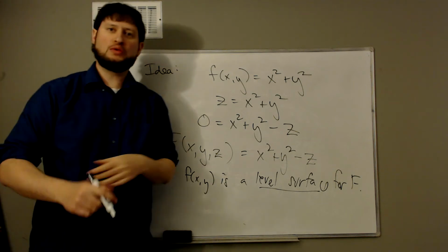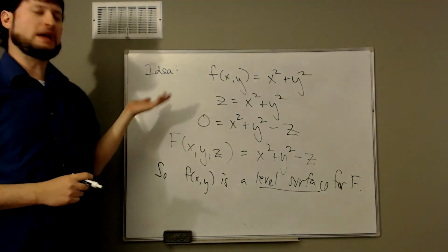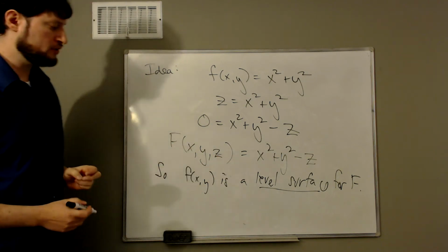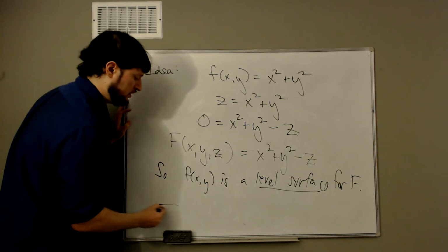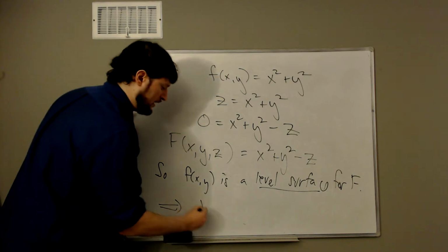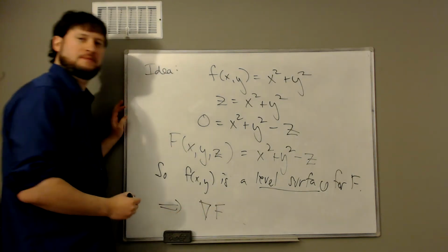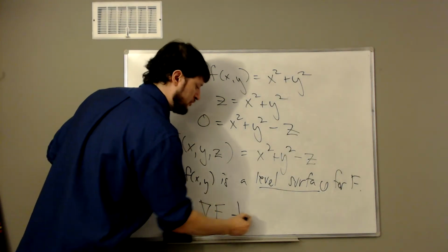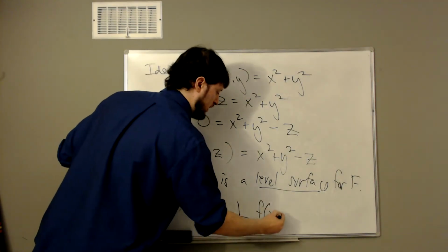Well, we know from our previous discussion that gradient vectors are perpendicular to level curves and therefore also to level surfaces. So this tells me that the gradient vector of big F at a particular point is perpendicular to the surface little f at x, y.